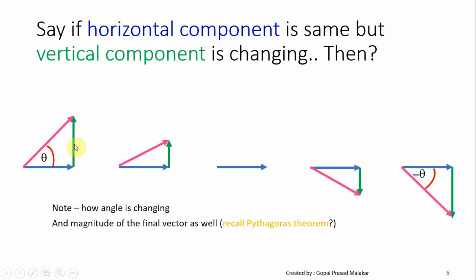So if the vertical component is changing and the horizontal component is the same, if it is thrown at a vector like this, it will go into the negative direction. If finally it achieves the same velocity in the negative direction, so if it was sent with theta of 60 degrees, it will come down at minus 60 degrees from the horizontal. So that's the important concept that you need to keep in mind.